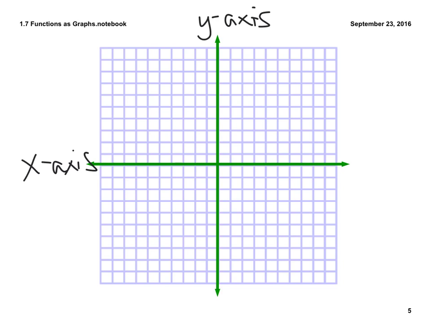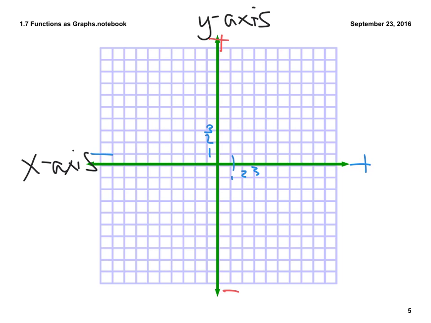And as we go up on this, we look at positive numbers, and as we go down, we're talking about negative numbers. As we go to the right on this x-axis, to the right are positive numbers, and to the left are negative numbers. And we can scale our axes to whatever's appropriate. The default is going to be 1, 2, 3, and then up 1, 2.